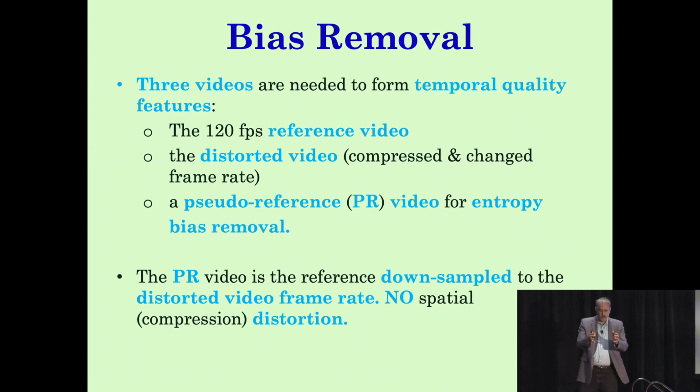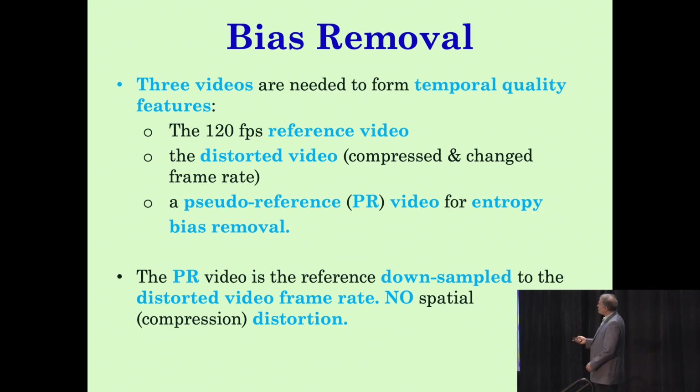Now, for computing entropies, we need to separate this frame rate bit, which is very important, as I've just shown you, from the compression side. You know, the blocking and scaling artifacts and all that. So we need to remove the bias of the frame rate when measuring the compression side, primarily the spatial side. This is where that pseudo-reference signal comes in.